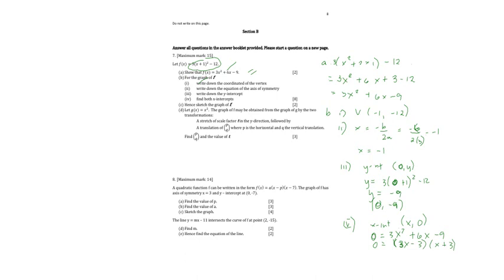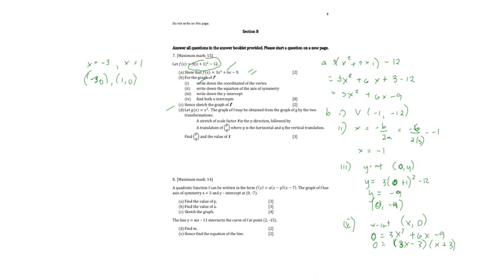So this will give us two values of x, which are x equals -3 and also x equals 1. So we have two x-intercepts at -3, 0 and also at 1, 0.